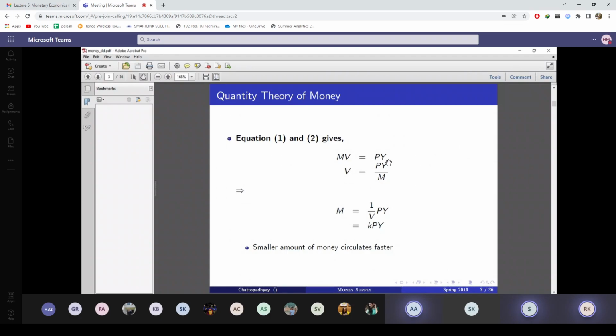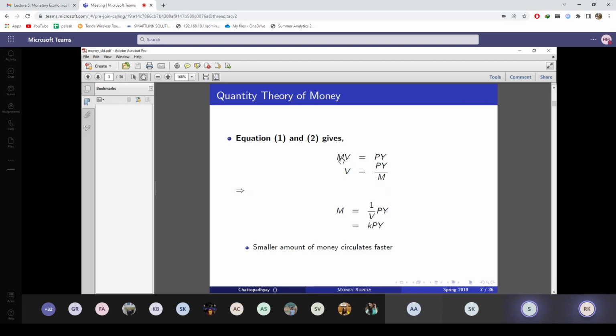Okay, so price multiplied by real GDP, the right hand side is nominal, right? Nominal. What does this M represent, money supply or money demand? No, here is the thing. It is basically money supply.